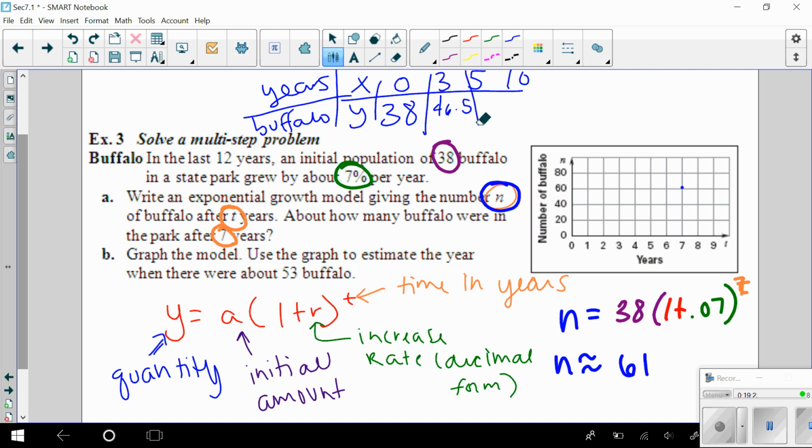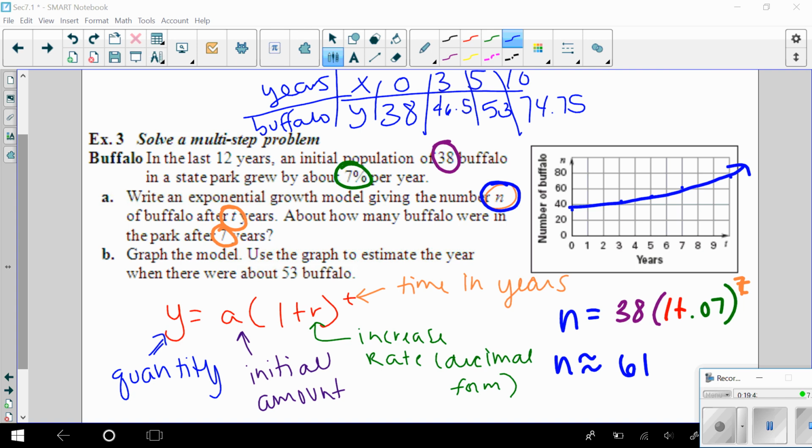After 5 years, we have about 53. And after 10 years, we have about 74.75. So then I'm going to plot these points, and I'm going to draw my curve.